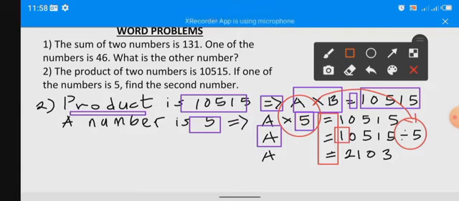We now move to 10. 10 divided by 5 gives you 2. Now you are done with 10. We move to 5. This 5 divided by 5 gives you 1.